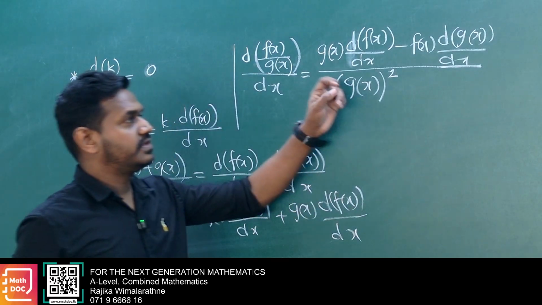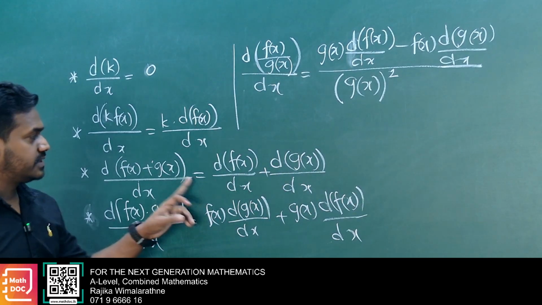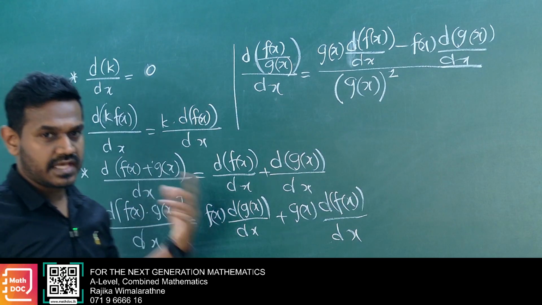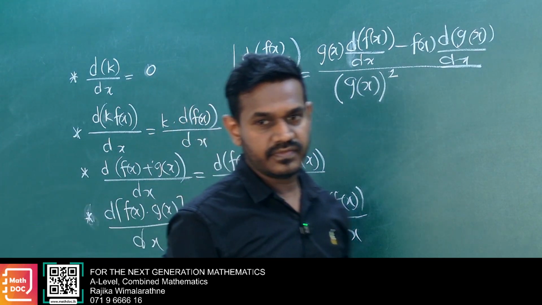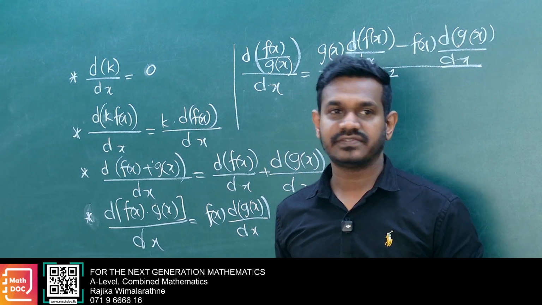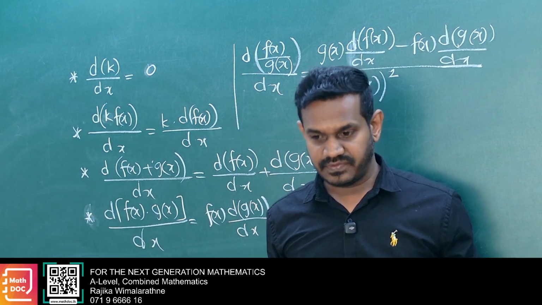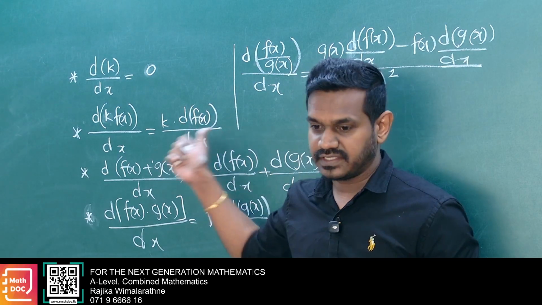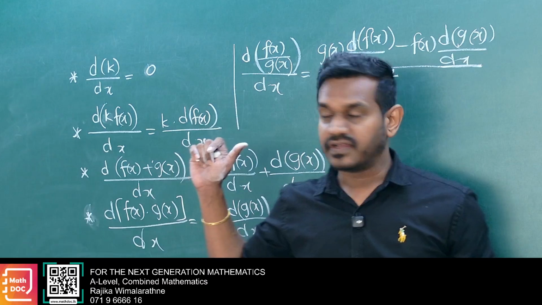Here we have the quotient rule, product rule, sum rule and constant scalar multiple rule. Same rules written in a different form. Y equals f(x) plus g(x), then dy by dx we wrote as f dash x plus g dash x. Likewise you can apply these notations as well. Better note it.